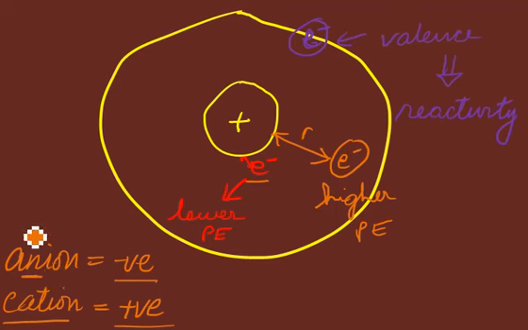So anion sounds like a negative ion. So if you're like me, who used to get confused or who still gets confused about these, hopefully this will help you remember what is an anion or a cation. So those are the basics.